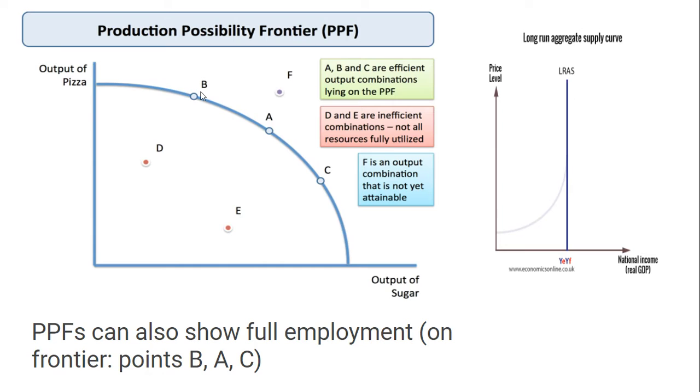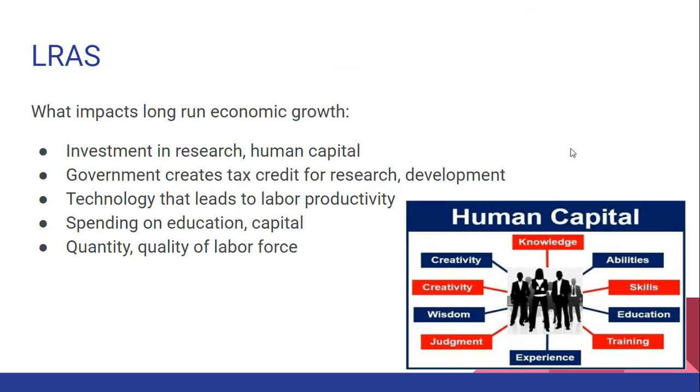It's at points D and E. A, B, and C represent long-run goals in full employment, and point F is not yet attainable. In the upcoming slides, we're going to talk about how we get to point F, how we shift that production possibilities frontier outward, how we shift long-run aggregate supply to the right, how we increase it.